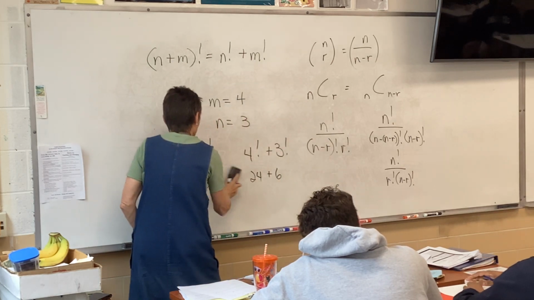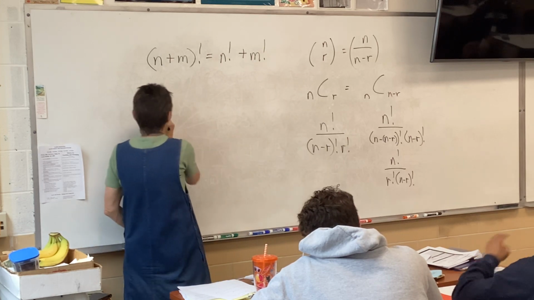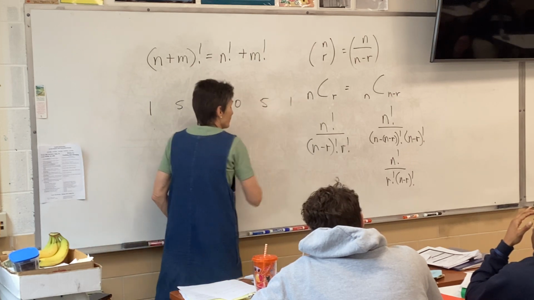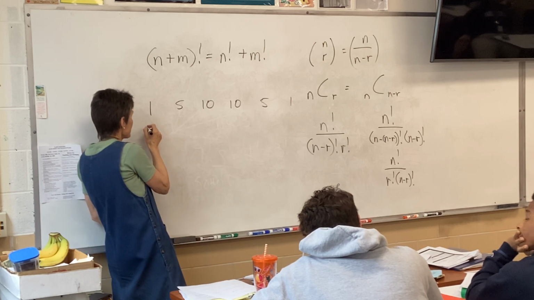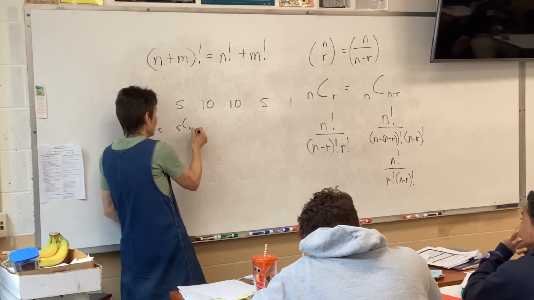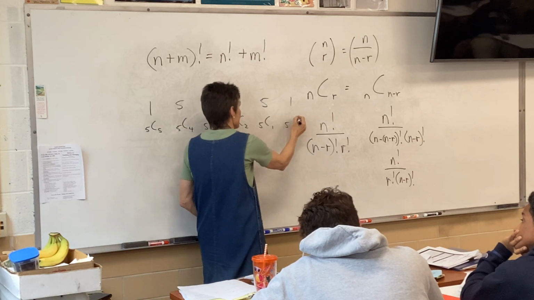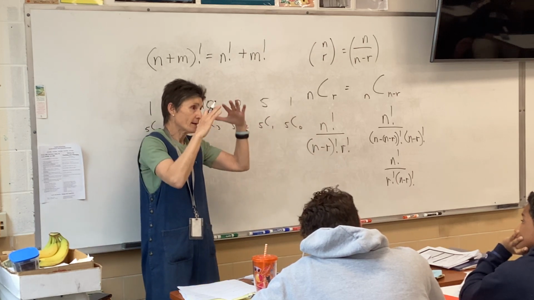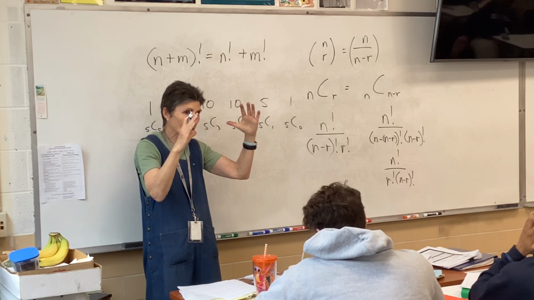Let's go back to Pascal's triangle for a minute. Here is the fifth row of Pascal's triangle. Remember, this was 5C5 and 5C4, 5C3, 5C2, 5C1. We wrote out the triangle earlier, and we didn't talk about it, but did you notice it's symmetric?